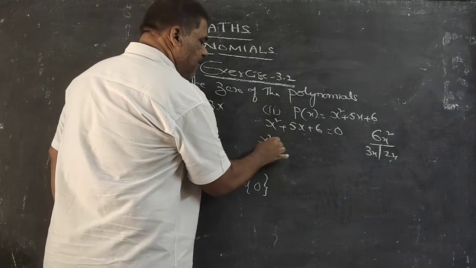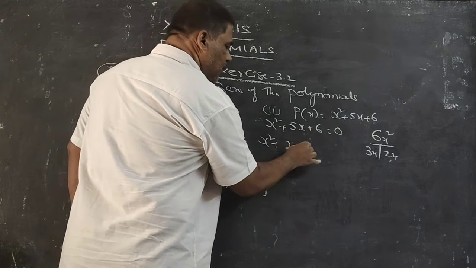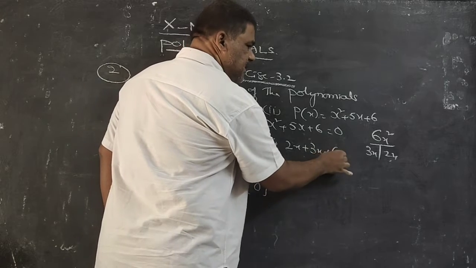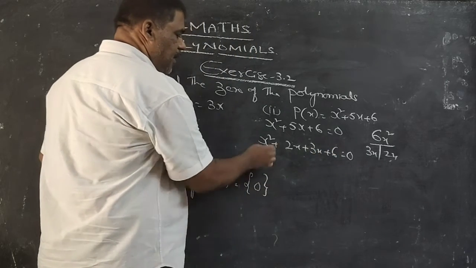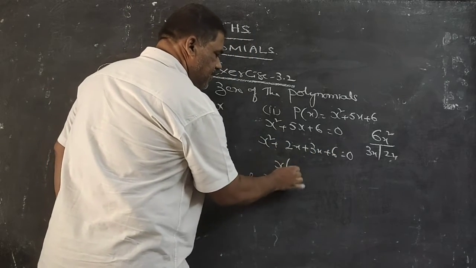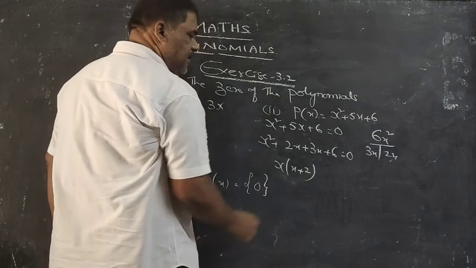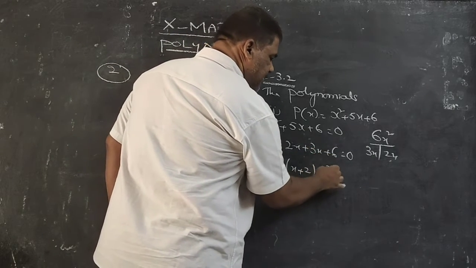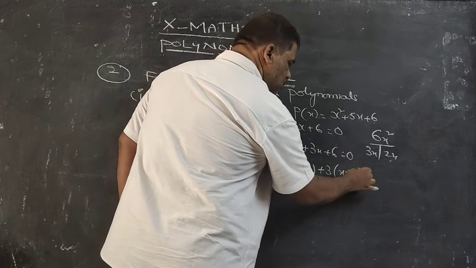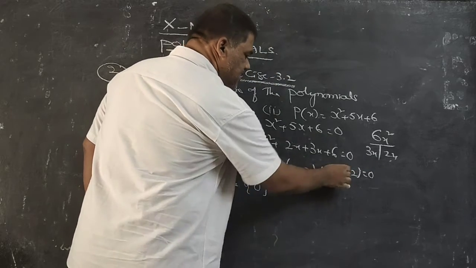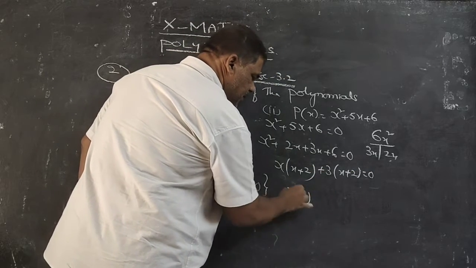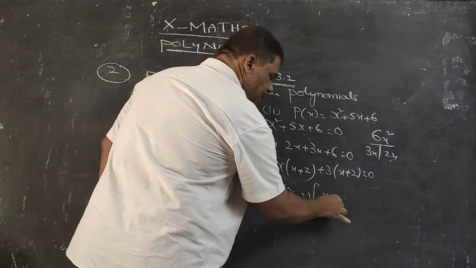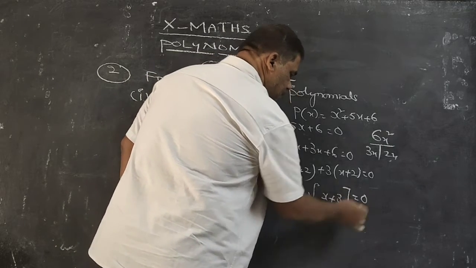So in place of 5x, you write 2x plus 3x plus 6. Now here you take x common, you will get x plus 2. In these two we can take 3 common, x plus 2. Now x plus 2 is common in both, so you take x plus 2 out, into x plus 3.